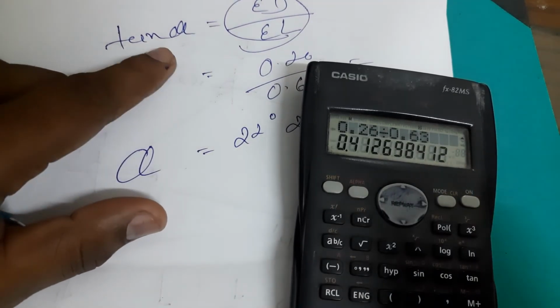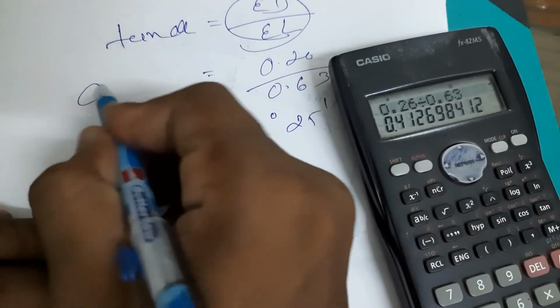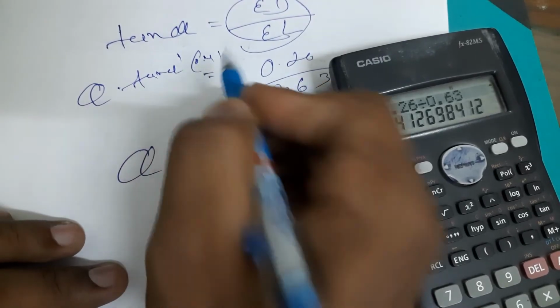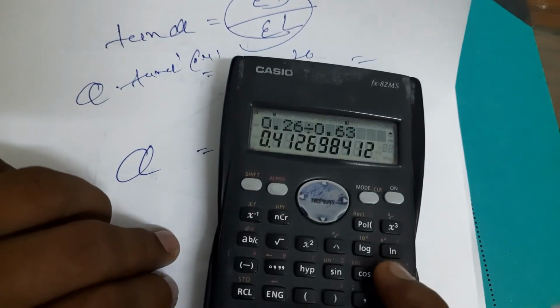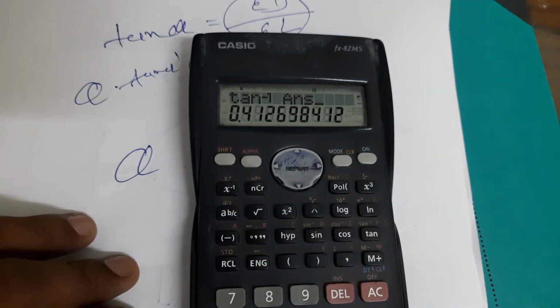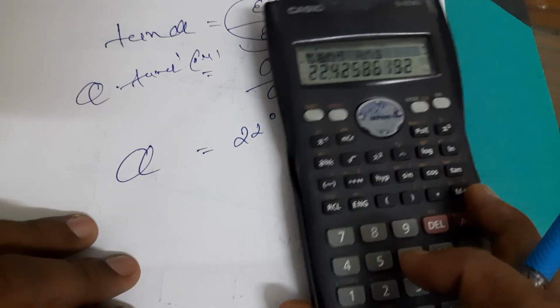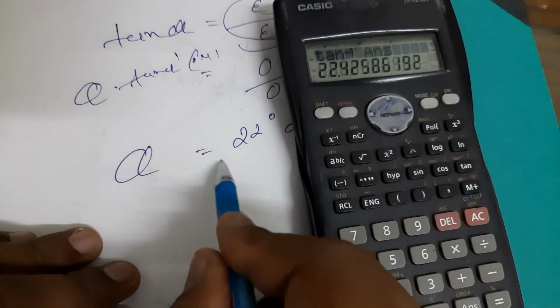We need to find theta. Theta is equal to tan inverse of the value 0.41. Now we use the scientific calculator, tan inverse, and the answer gives you 22.42 degrees.